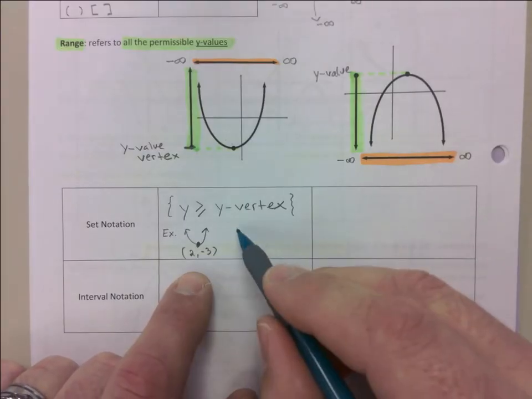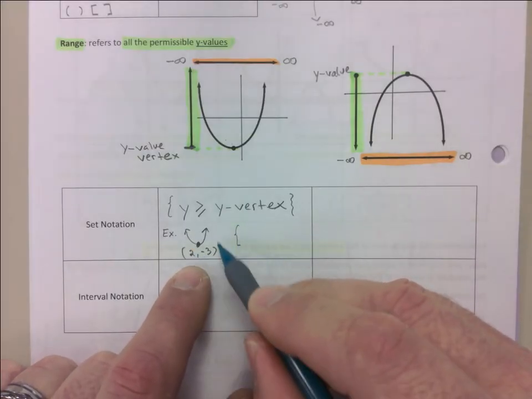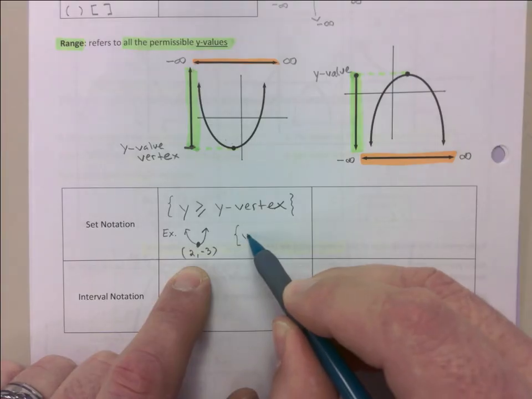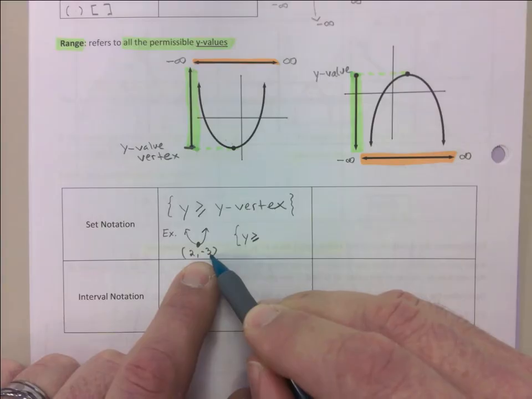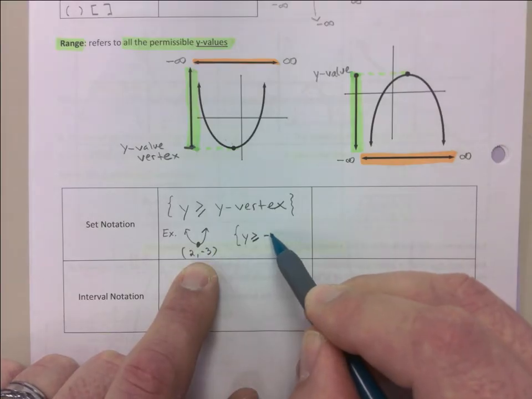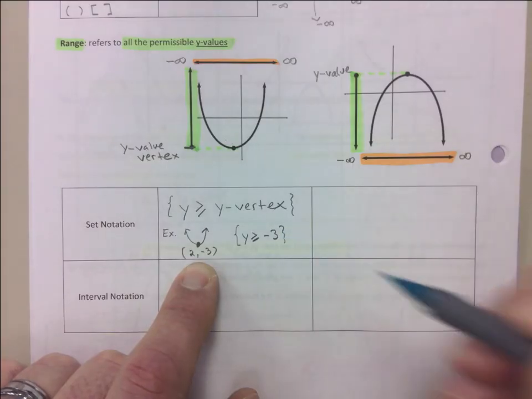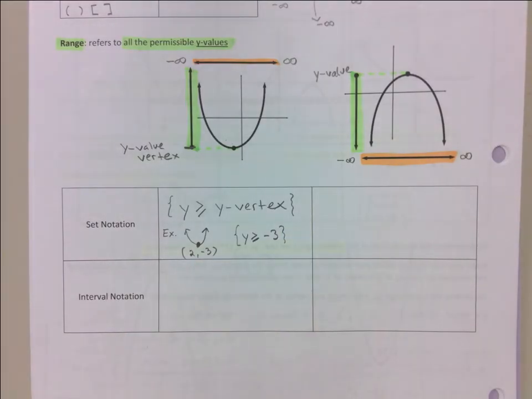Since it's pointing up, you should right away know, okay, the y values that are acceptable here would be greater than or equal to the lowest y value, which is -3. That's it. There's your example right there.